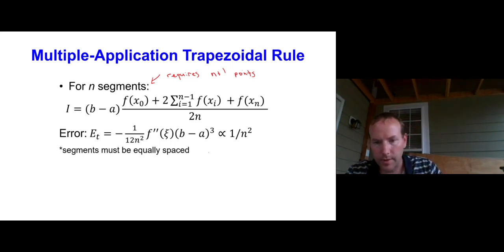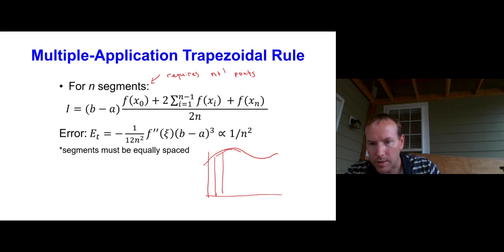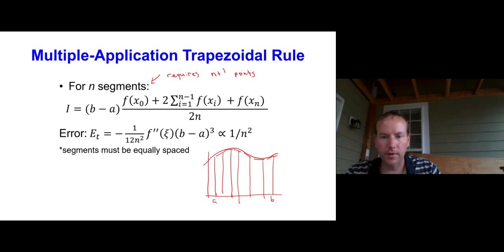And what that is doing is, if you have a complicated equation like this, it's breaking it up into lots of little trapezoids. And so you can see that going from a to b in lots of little trapezoids.